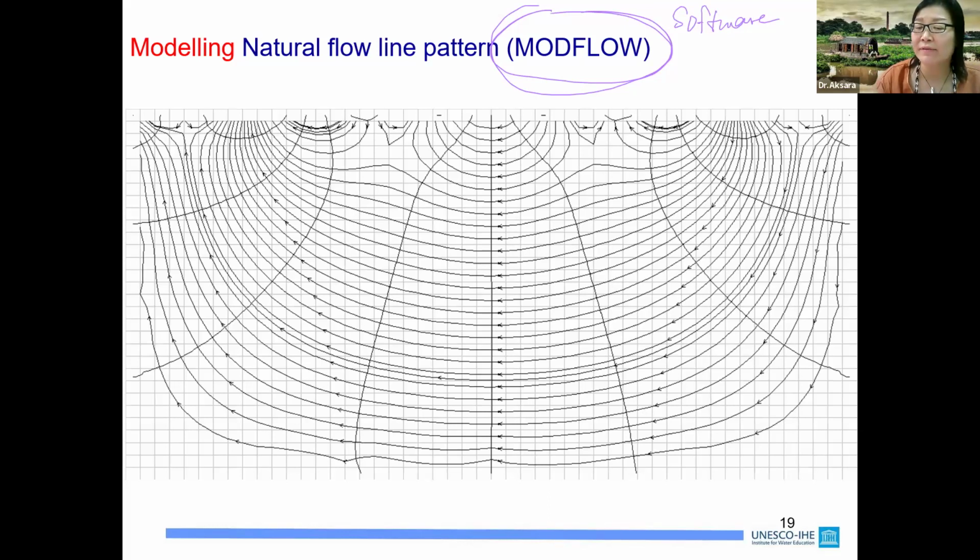The current research is coupling MudFlow with other models so that we can capture the dynamic relationship between surface water and groundwater.